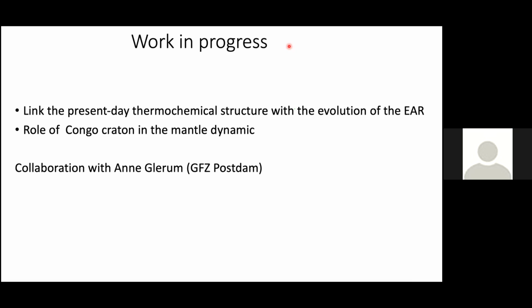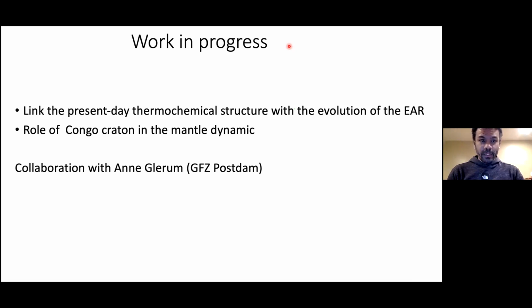Yes, please. Thank you very much, Walid, for your very good presentation. In your model, you've shown that below the Tanzania craton, there is downwelling of the mantle. But it's not beneath the Congo, it's not beneath the Tanzania craton, it's on the northern part, so it's between the Congo and the Tanzania craton. I just need to go back to my model somehow. But yes, continue your question.